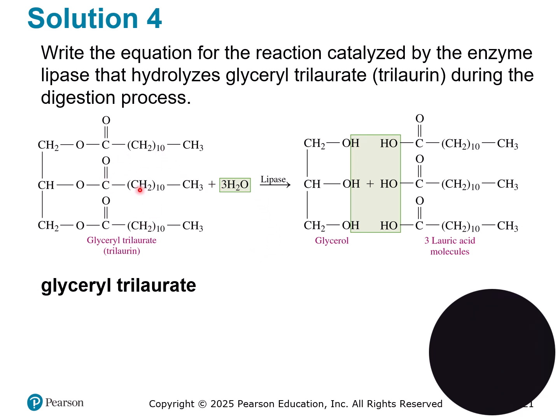We're able to break this apart, and water molecules can break this apart, reforming glycerol with three lauric acid molecules. We are able to break the ester bond, break apart this lipid. When it's a lipid, it can be used as a membrane, maybe. But when we break it apart, it may end up getting returned back to the metabolic processes. Maybe it needs to break up fats for energy.